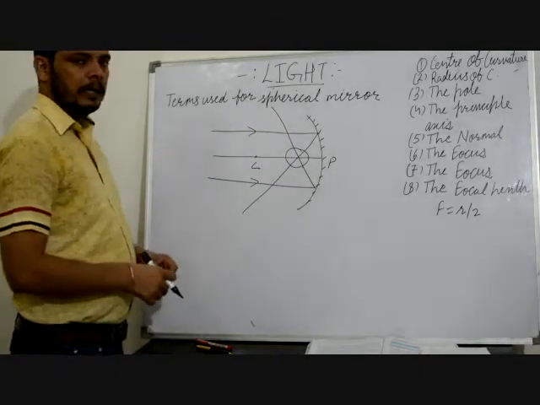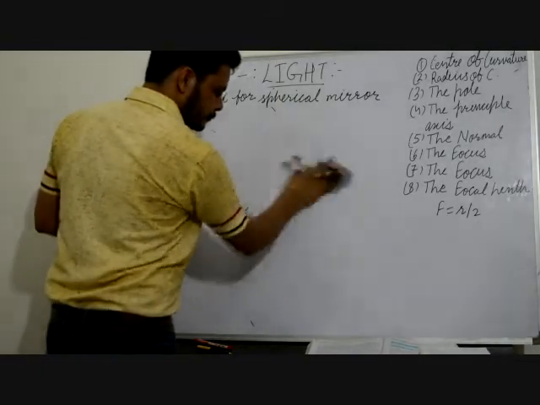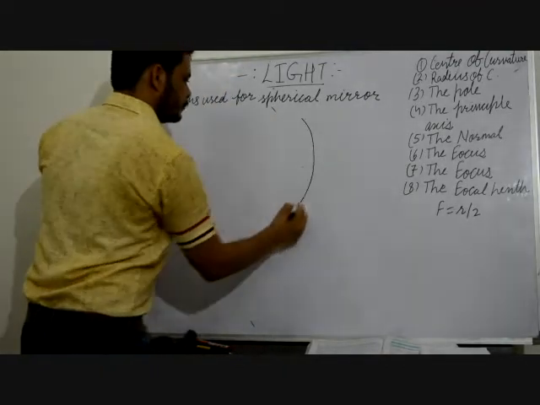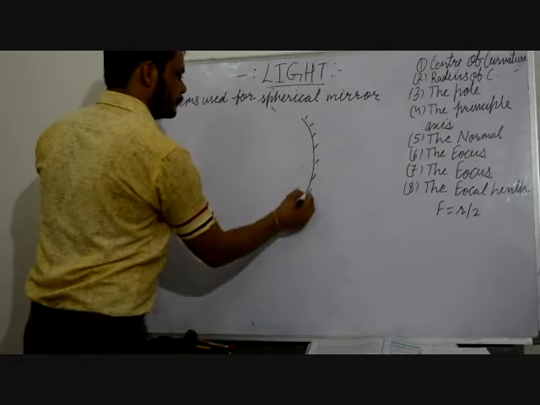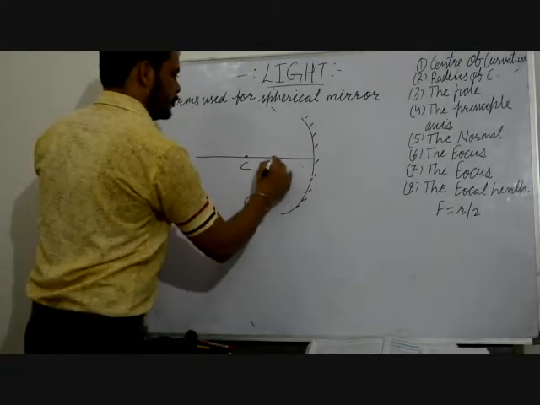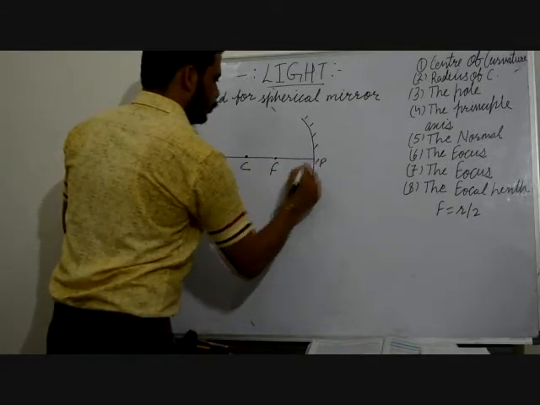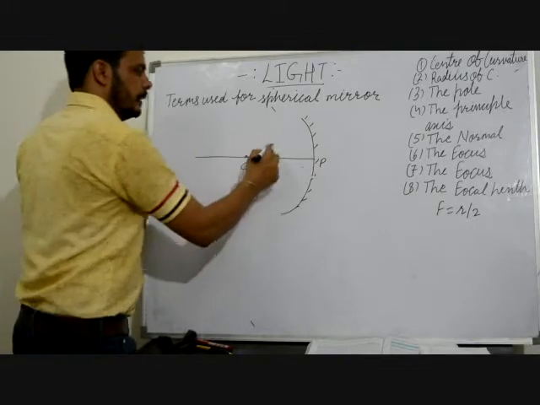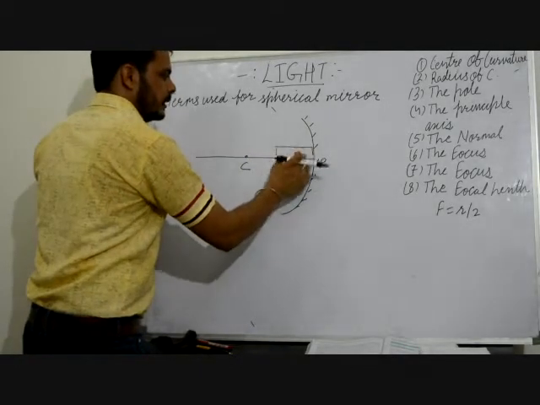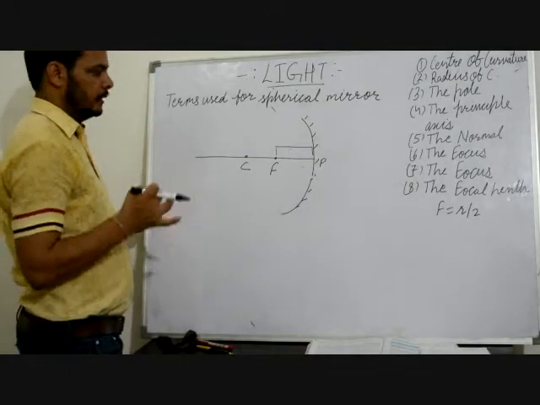Next is the focal length. We have a mirror, center of curvature, focus, and pole. The length between the focus and the pole is known as the focal length.